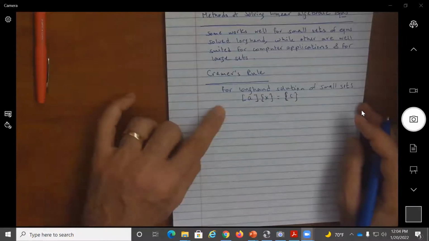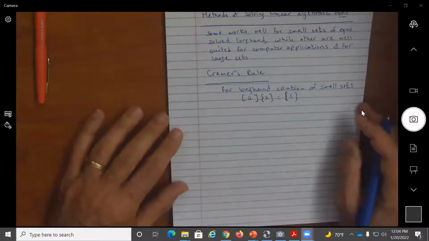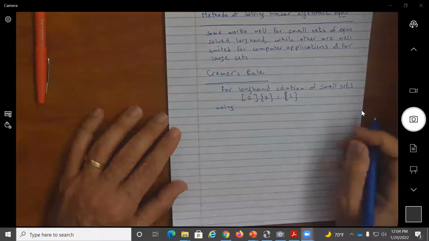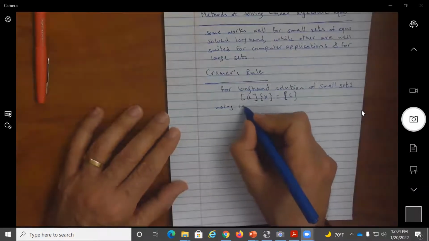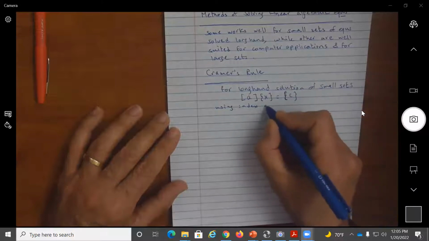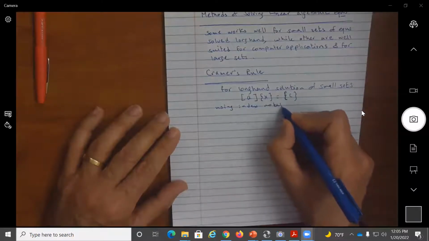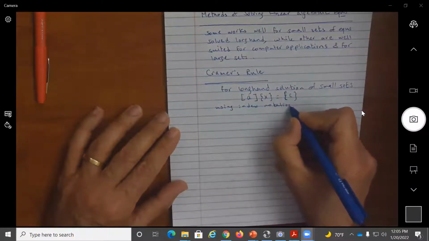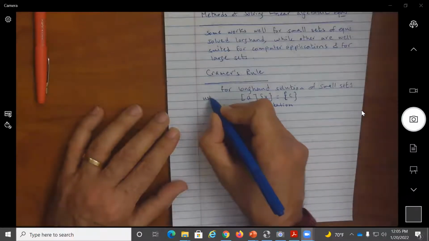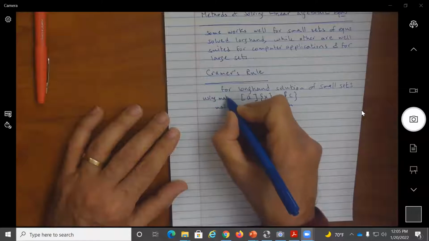I can also express this set using index notation. So this is using, of course, matrices.